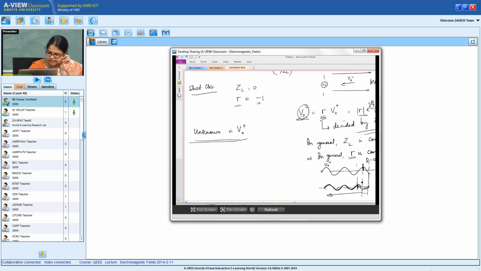It also means one more thing. So if I have a transmission line and I try to probe with an oscilloscope what is the resultant voltage, I cannot isolate the forward propagating wave and the reverse propagating wave. What I see is the resultant wave. So at a given z, what I measure is the sum of the plus propagating wave and the minus propagating wave.